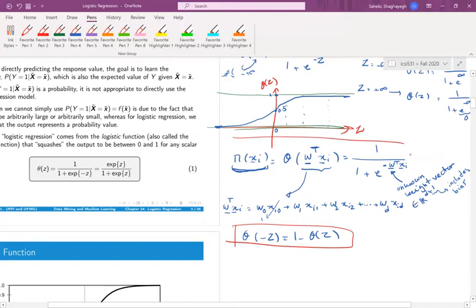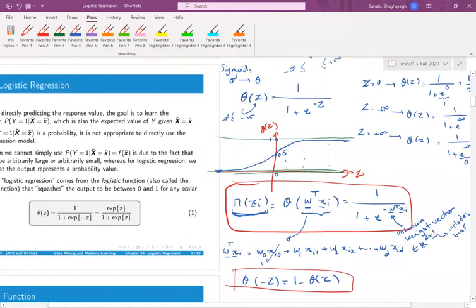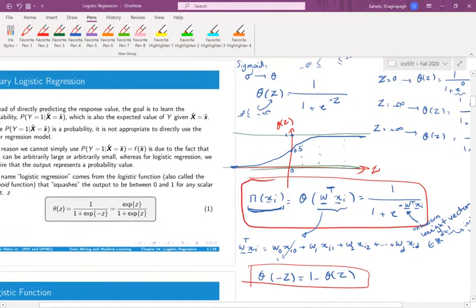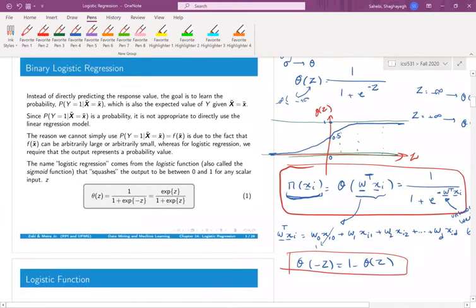So, all right. So far, we have defined our logistic regression problem. What is the binary logistic regression problem? We would like to find these W's that can best fit our data.